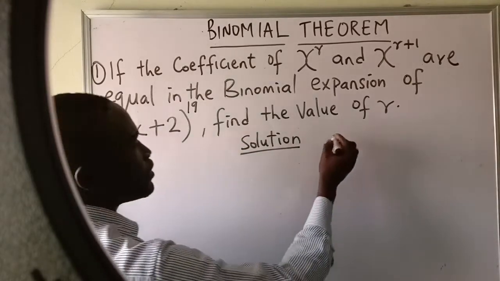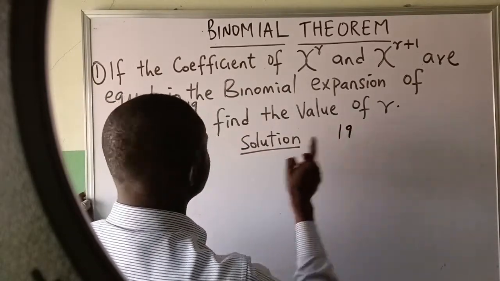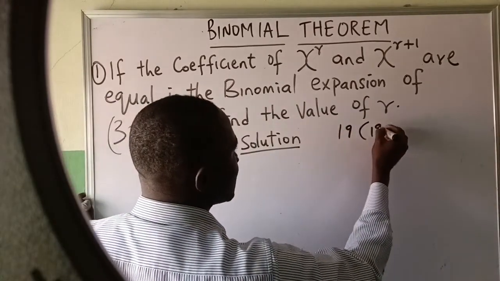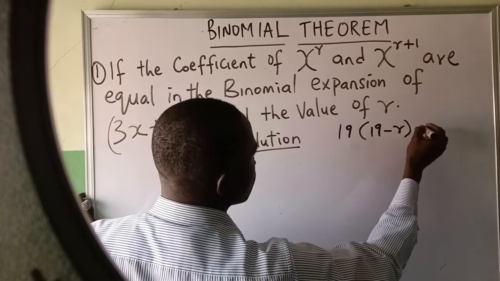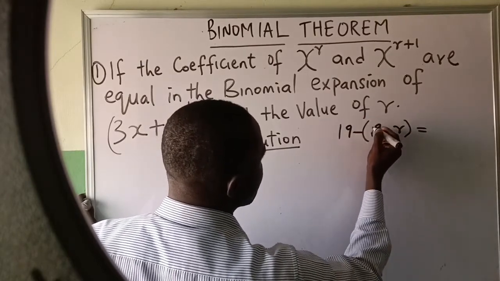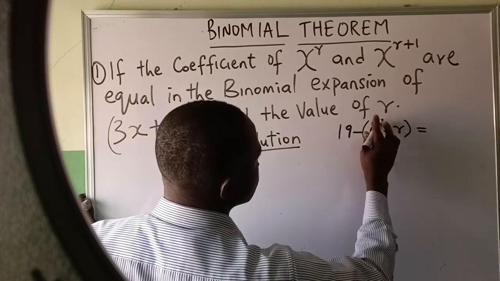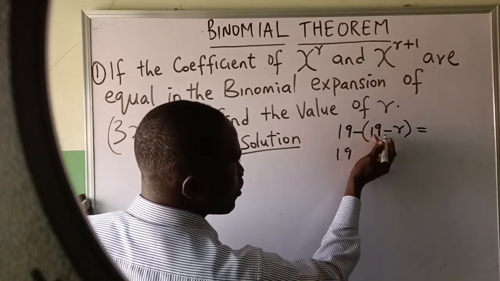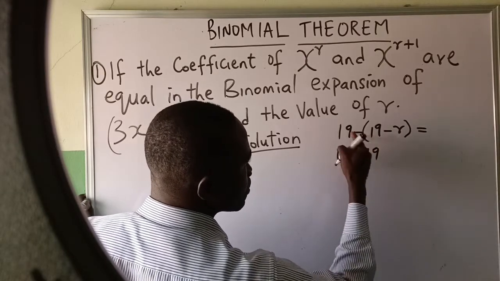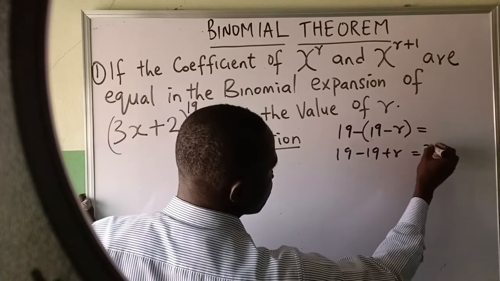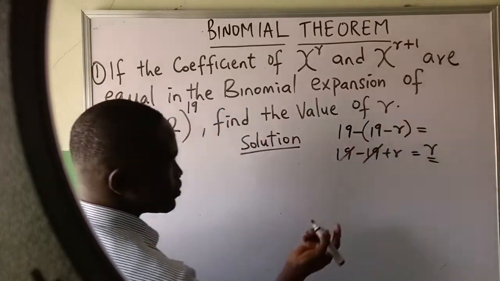For you to solve it, note that 19, which is the power, minus bracket 19 minus r, what will it give you? It will give you r, because this will cancel.